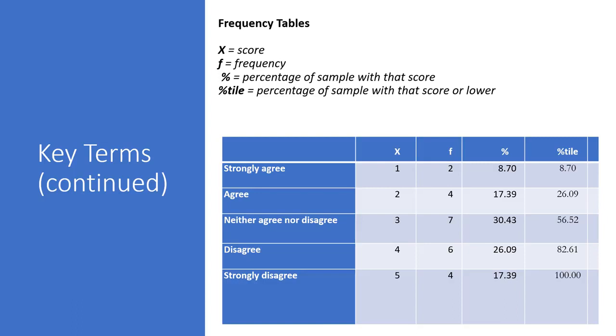You're going to add those together to get 6, and then divide that by the total frequency. And that will give you 26. To get the 56.25, it would be 2 plus 4 plus 7 divided by the total number of responses, or in other words, the total number of Fs.